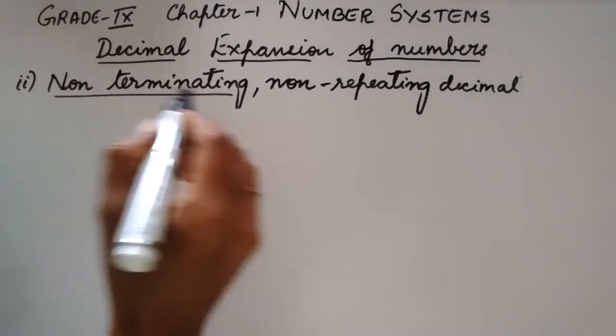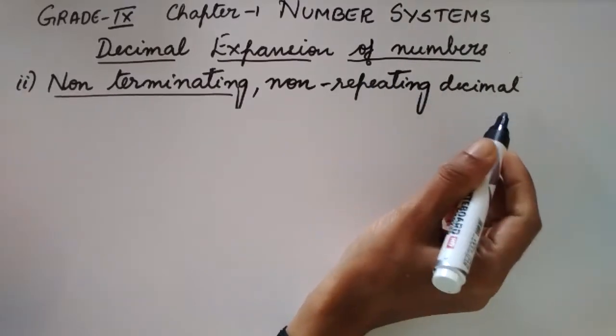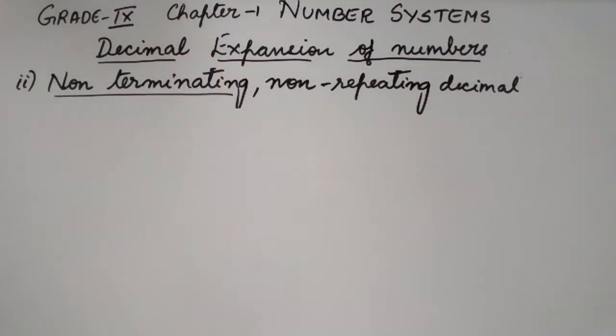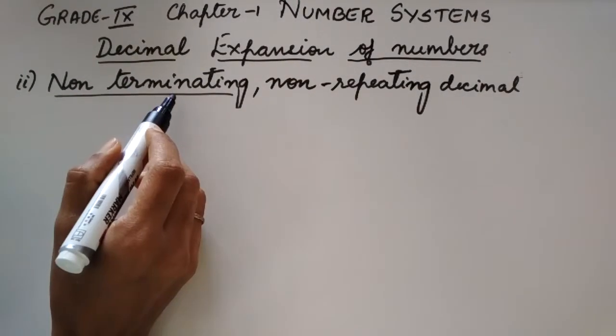So here a non-terminating, non-repeating decimal is a decimal number that continues, that is never ends, non-terminating.